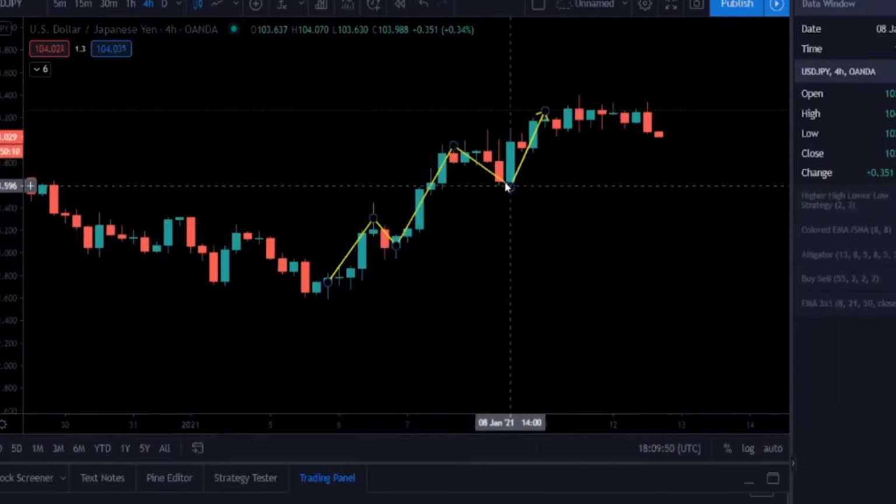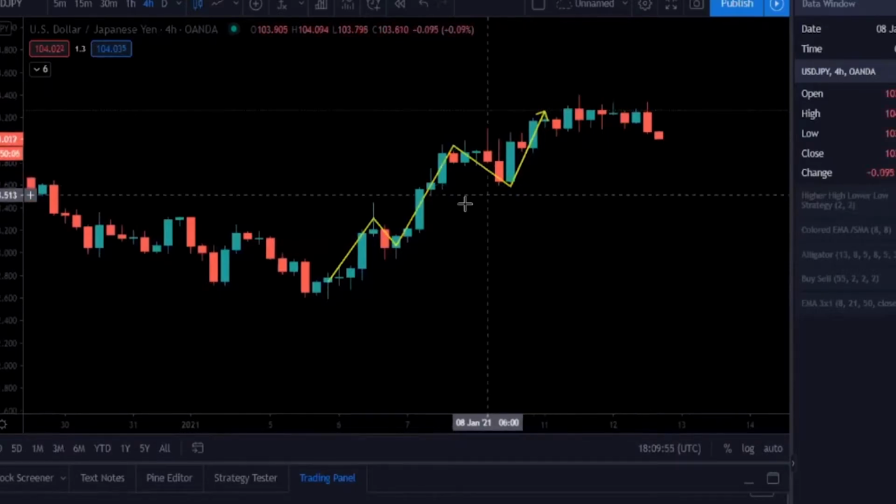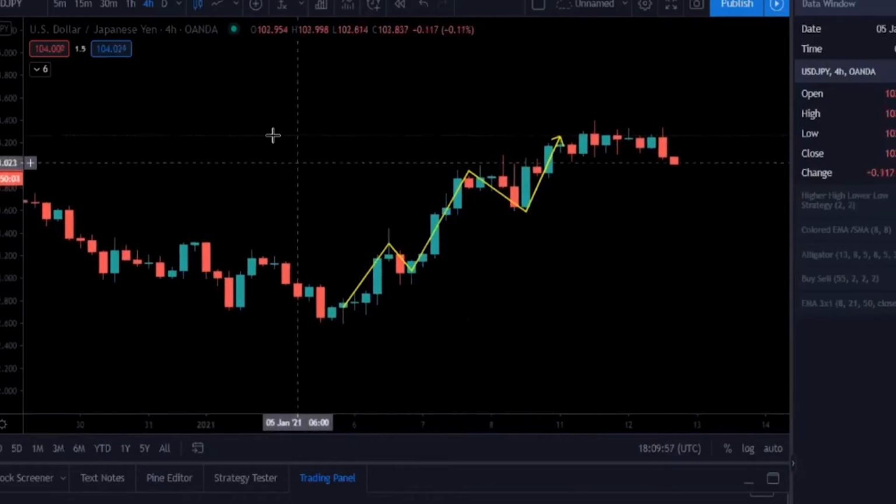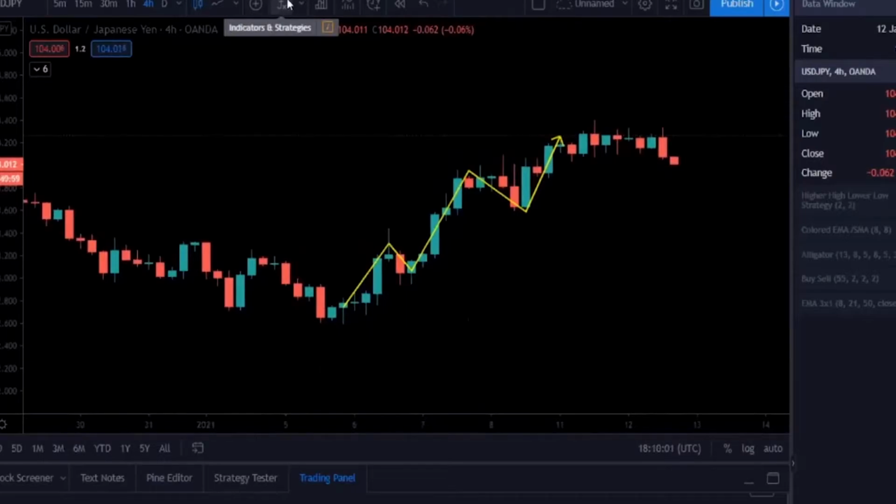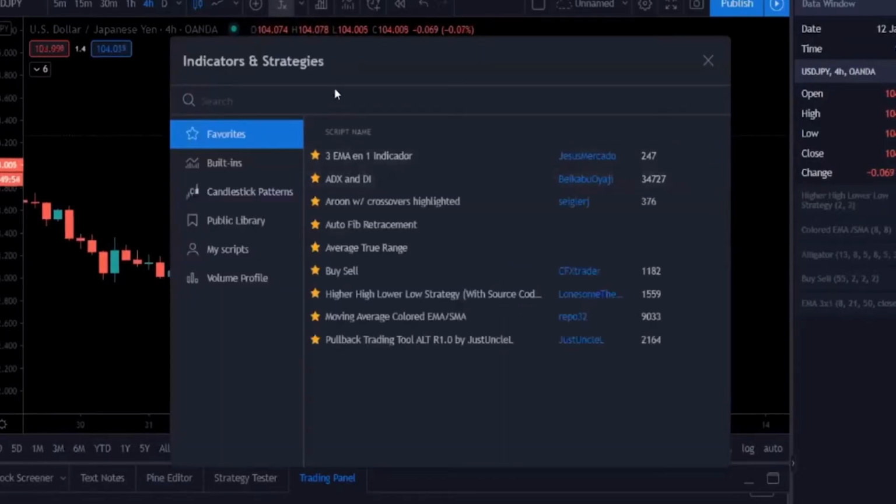Honestly, this is my first time doing the visual of it myself without even putting my indicators on it. So I'm going to see how well I matched up. If you remember the call from yesterday, we got our different indicators. You click on the FX tab, and right now I have the higher high, lower low strategy.